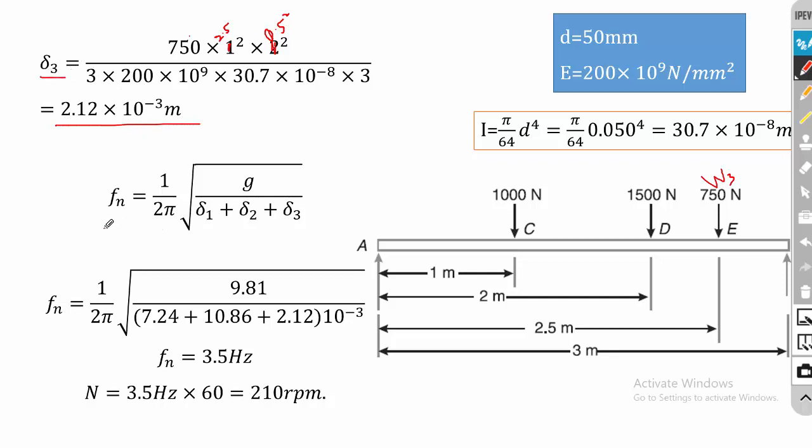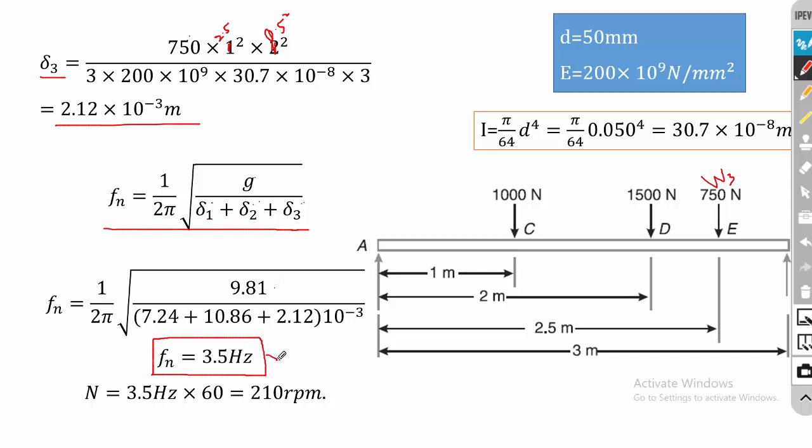So now by using the Dunkerley's equation, there is no uniformly distributed load here. So all the three loads are point loads. So the equation is 1 by 2 pi root of g by del 1 plus del 2 plus del 3. So you can substitute the value of del 1, del 2, del 3 and g so that you can calculate the natural frequency of transverse vibration, that is 3.5 hertz.